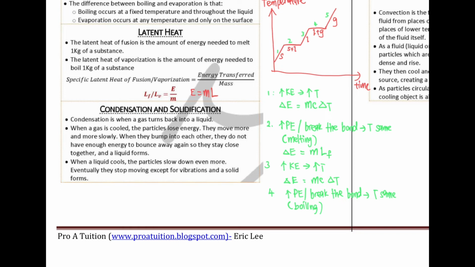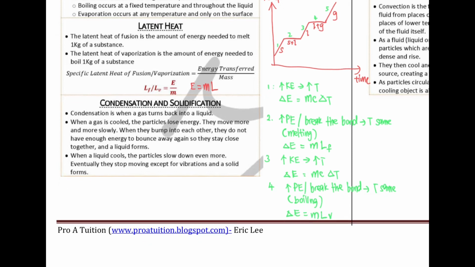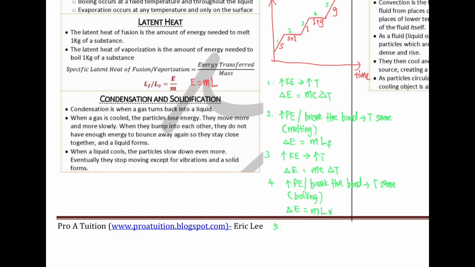Because of no change in temperature, we cannot use delta E equal to mc delta T anymore, but we use E equal to ML. But the L is LV, latent heat of vaporization. So we use delta E equal to m LV.